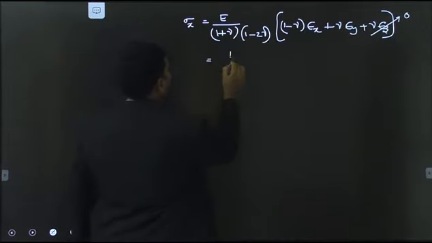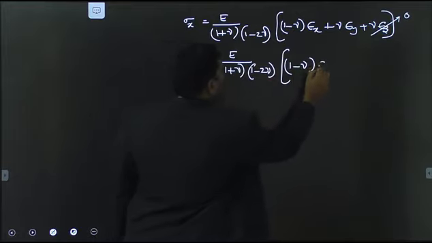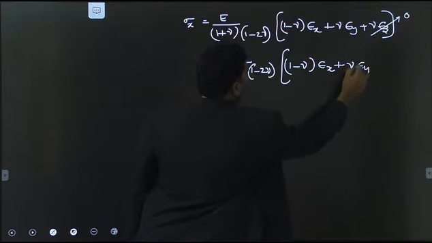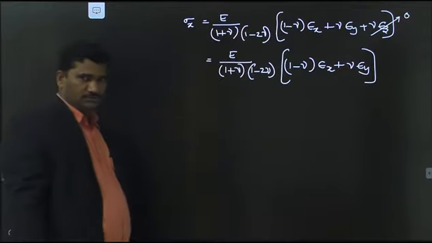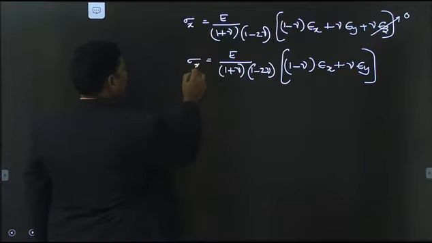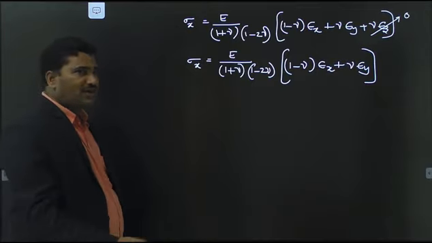So you get E by 1 plus nu into 1 minus 2 nu, into 1 minus nu into epsilon x plus nu into epsilon y. This is how we get the expression for sigma x. Right? Now one expression we have. Another expression is for sigma y.